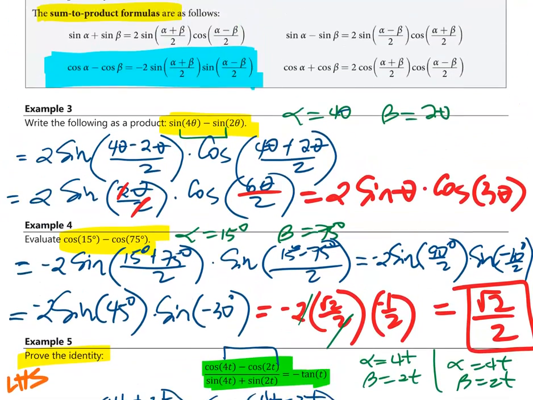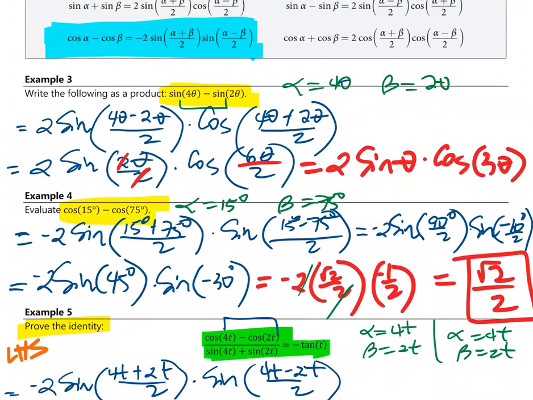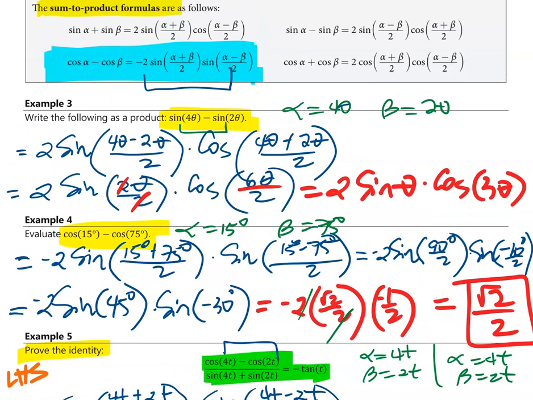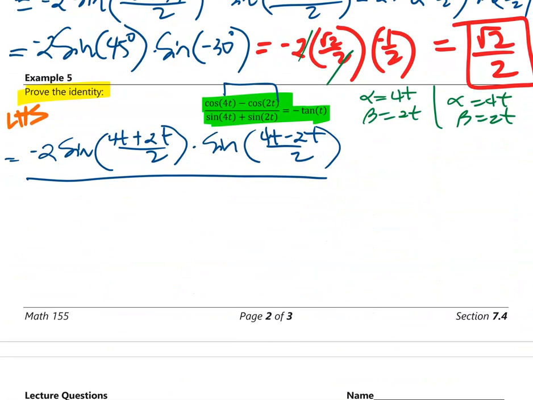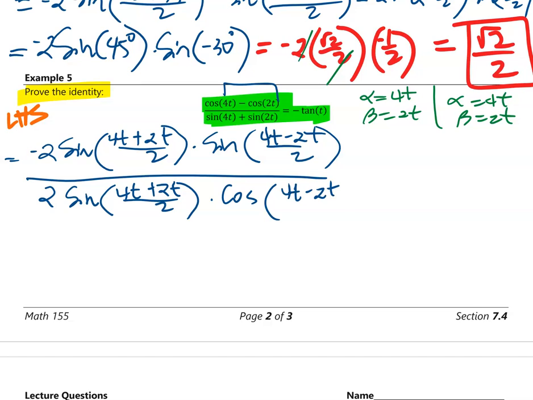So if you remember that, this is what we use. And for the denominator, sine alpha plus sine beta is the first one. We're going to use this. Okay, so that is equal to the denominator 2 sine 4t plus 2t over 2 times cosine of 4t minus 2t over 2.